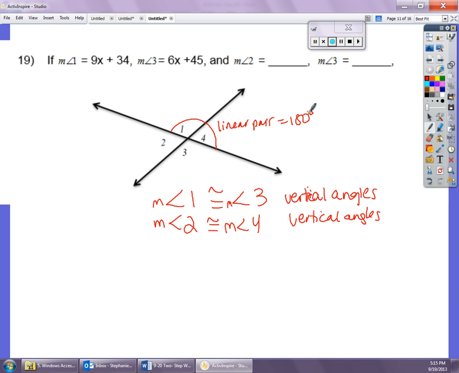So they told us that measure of angle 1 was 9x plus 34, and they told us 3 was equal to 6x plus 45. They never gave us these two, so there's nothing else that we can do but set them equal to each other.